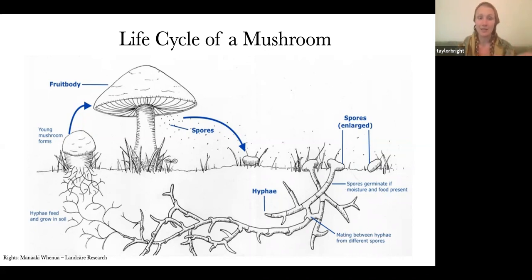Then we have a young mushroom called a primordia, and that will grow into a mature mushroom that will shed its spores, and the whole cycle begins again. So that is what is happening all over the place, all the time. These unseen cycles of life are occurring everywhere, all the time.